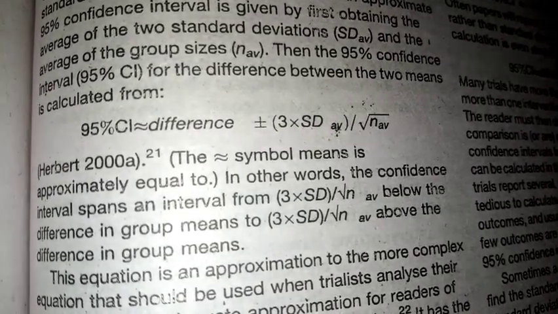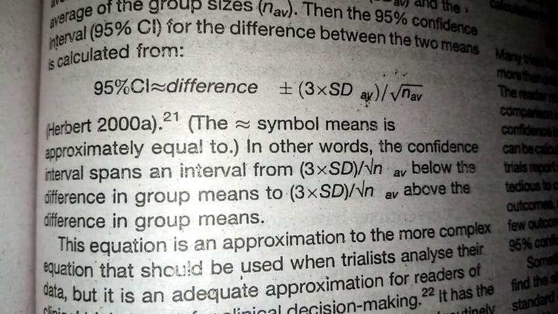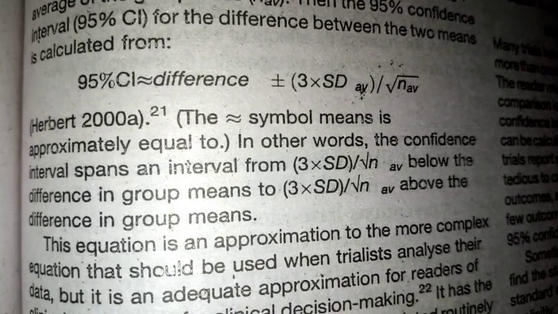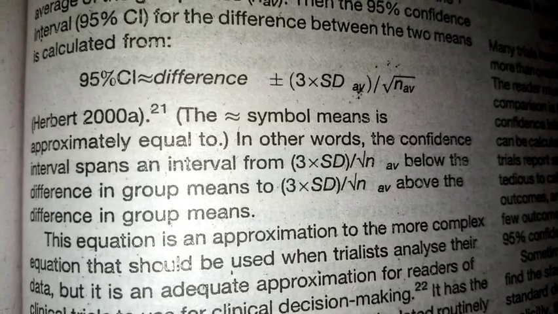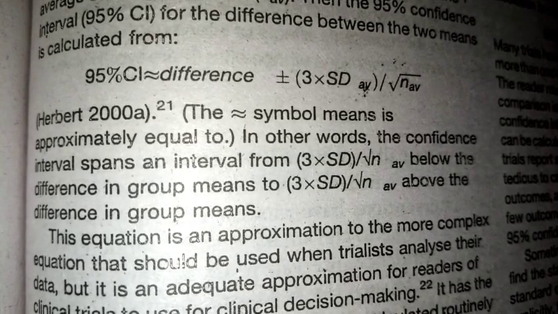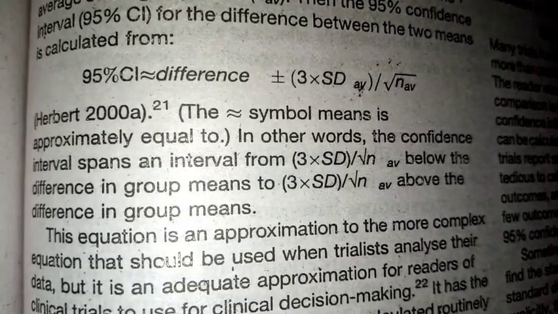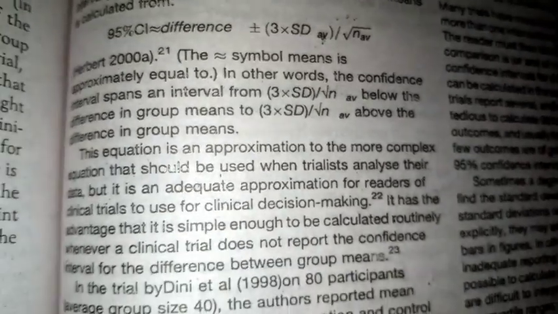The symbol shown on your screen means approximately equal to. In other words, the confidence interval spans from 3 multiplied by SD below the difference in group means to 3 multiplied by SD above the difference in the group means.